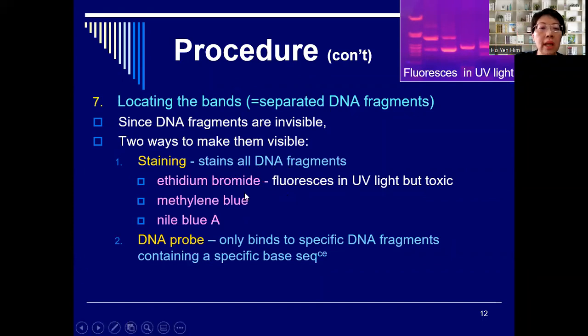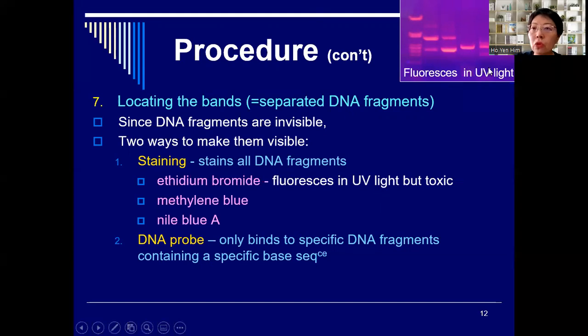The stains that have been used so far are ethidium bromide, methylene blue, and now blue A. For ethidium bromide, they immerse the gel in ethidium bromide solution for some time to stain the DNA. After that, they wash away the solution, and then they shine UV light onto the gel, and the bands will fluoresce because of ethidium bromide.